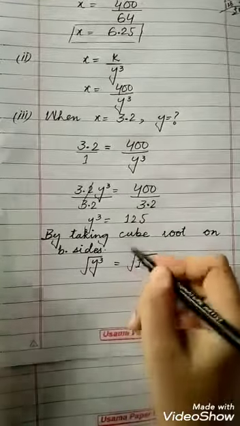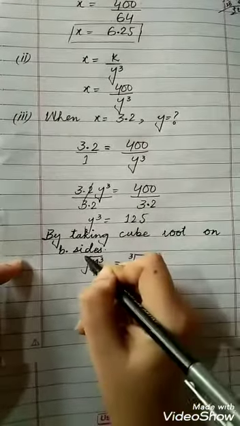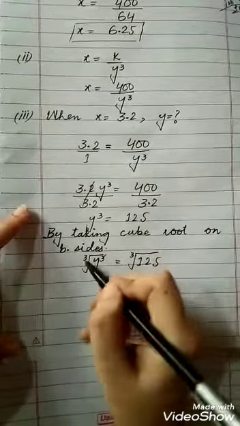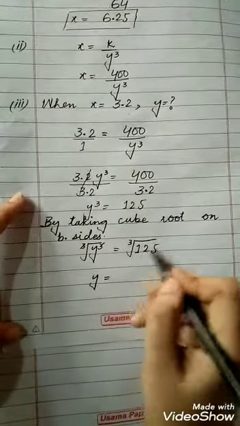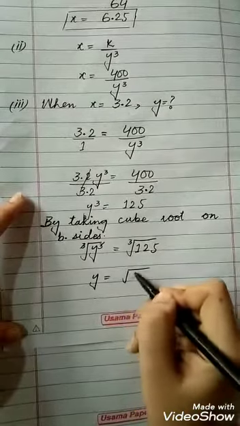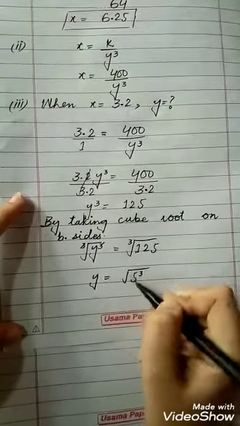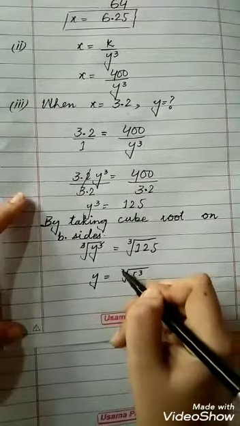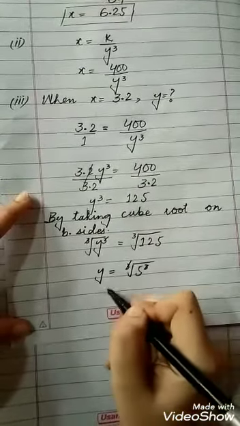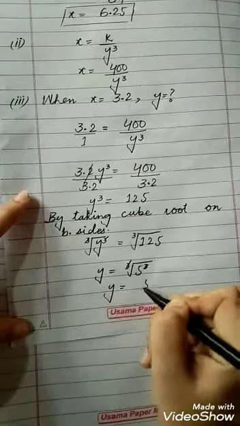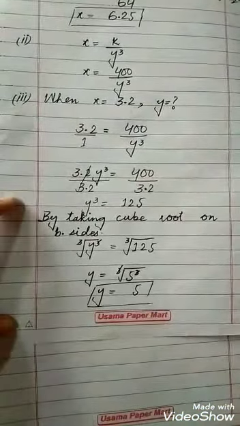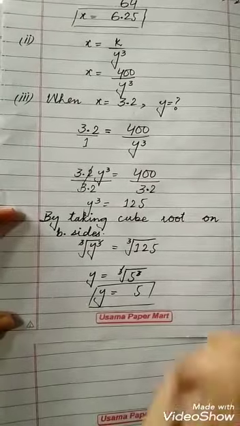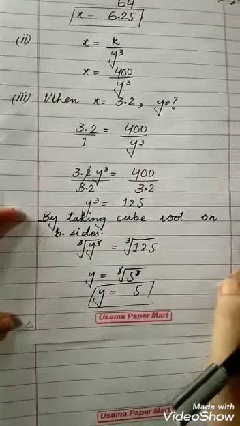We will take the cube root on both sides, and it will cancel. y is equal to the cube root of 125, which is 5, since 5 cubed is 125. So y is equal to 5. We got the value of y in this way. So students, this is question number 1 of exercise number 1D.